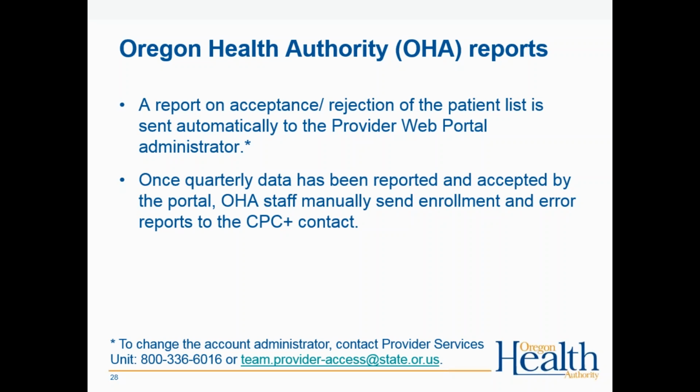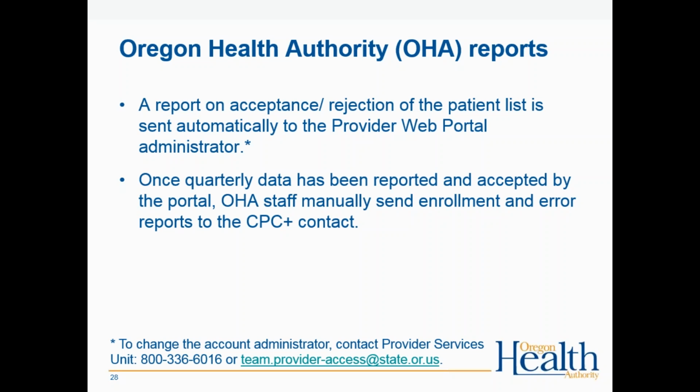And then on the actual enrollment report, so if the patient list is accepted, meaning that it passes all of the formatting requirements, then we're going to send you an enrollment report which tells you what happened with each of the members. So there are situations where individual members on the patient list can be rejected.